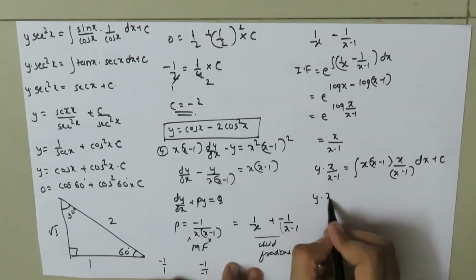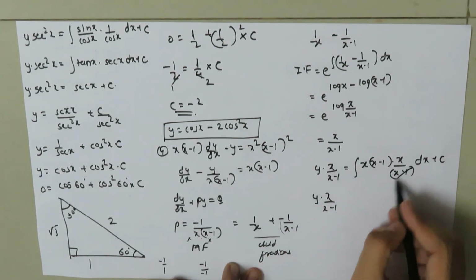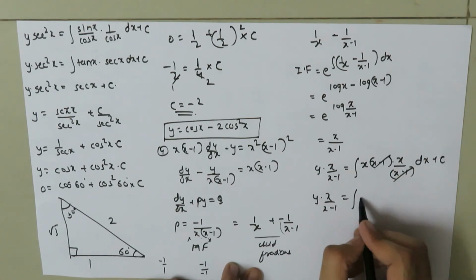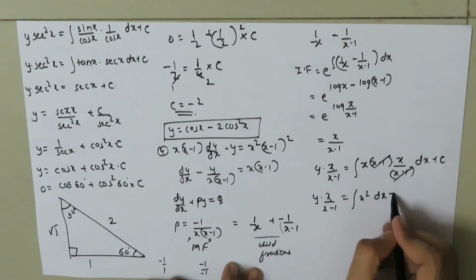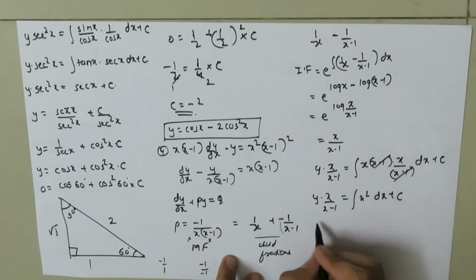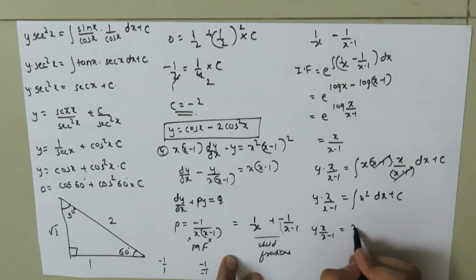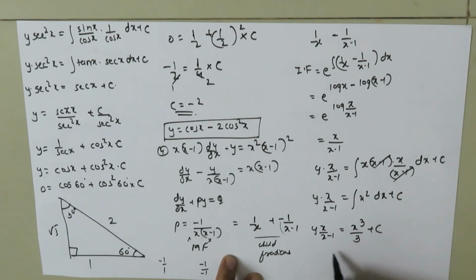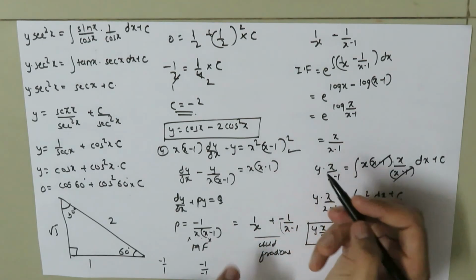So y times x upon x minus 1 will be equal to the integration of x square dx plus c, which gives y times x upon x minus 1 equals x to the power 3 by 3 plus c. So this is the general solution for the given differential equation.